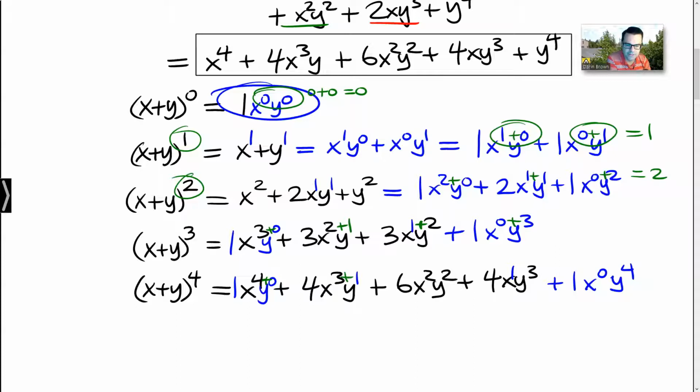So what you notice is, for each term in the expansion, the powers of x and y are adding up to the power that the binomial is raised to. So for instance, when you do x plus y all cubed, you get a bunch of terms with x and y powers, and the powers on the x and y are always going to add up to 3 because that's the power.